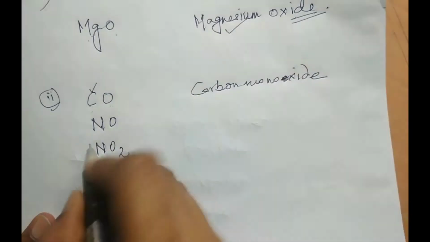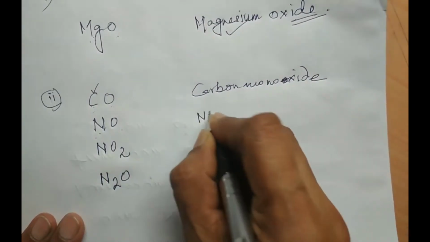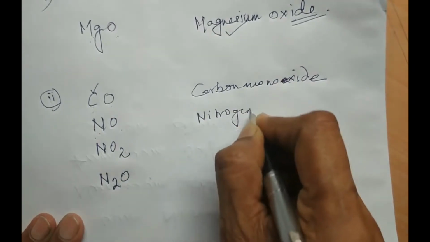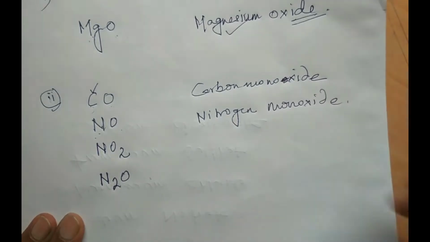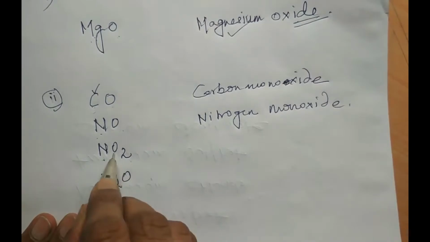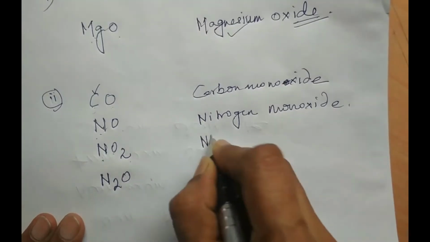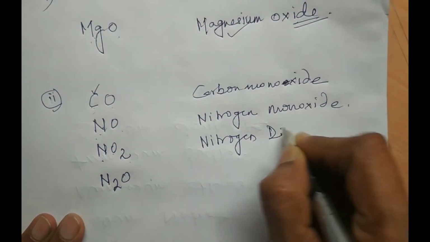Oxide. And this is what? This is again 1 nitrogen, 1 oxygen. So it is nitrogen monoxide. But here nitrogen is 1, oxygen 2. So what will I write here? Nitrogen, and for 2 oxygen atoms it will be nitrogen dioxide.